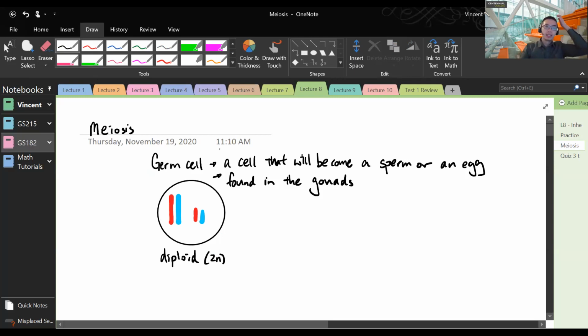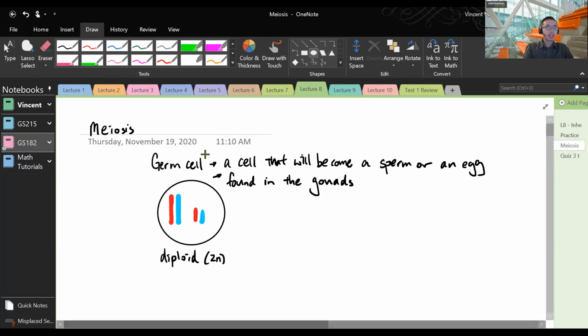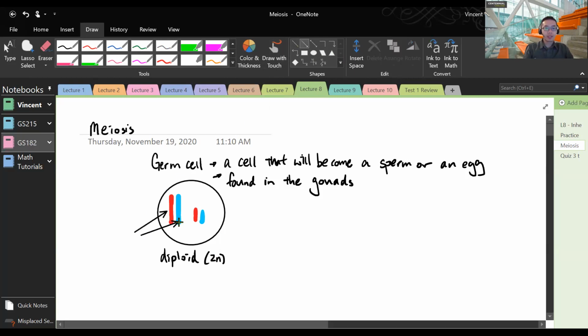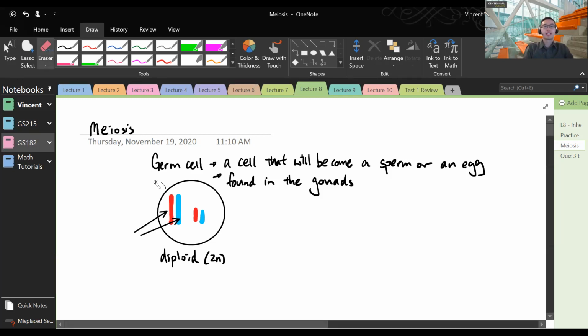Okay, and then what's going to happen is, before we do the meiosis process, let's talk about the relationship between some of these things. So these 2 pairs, this one here and this one here, they are the same length, same size. They contain the same set of genetic information, but possibly with variations in it.